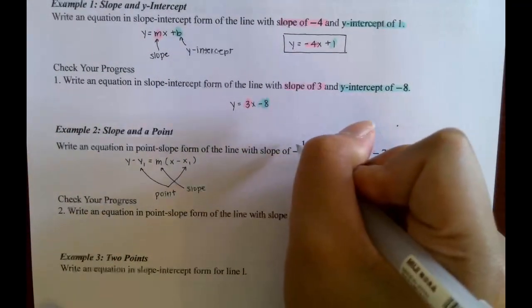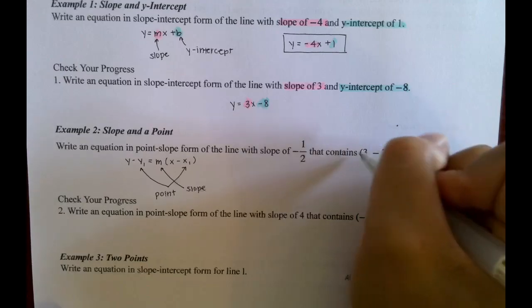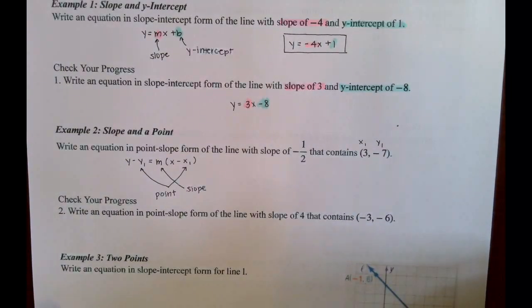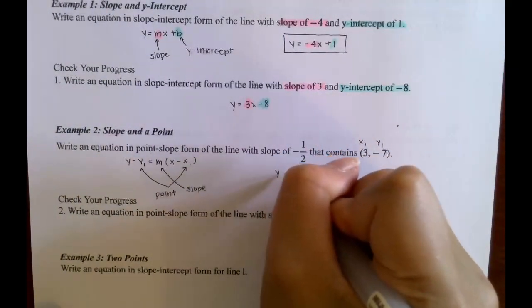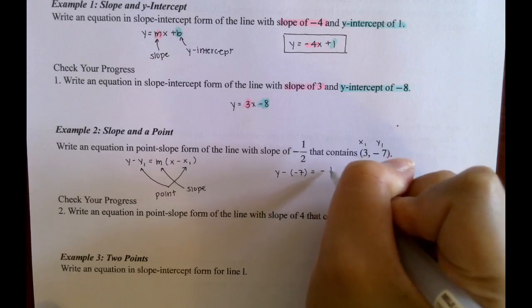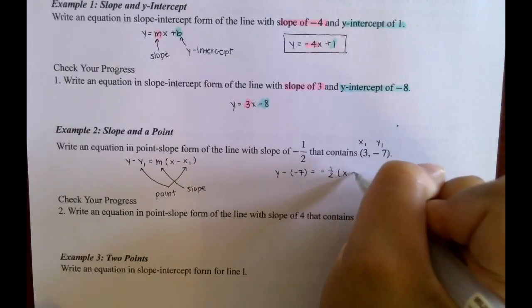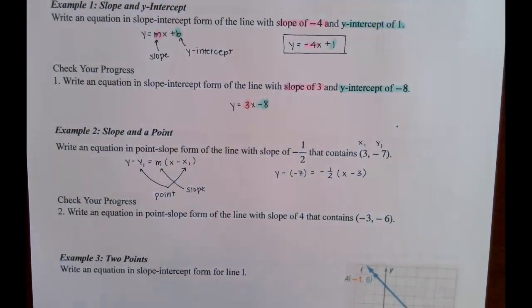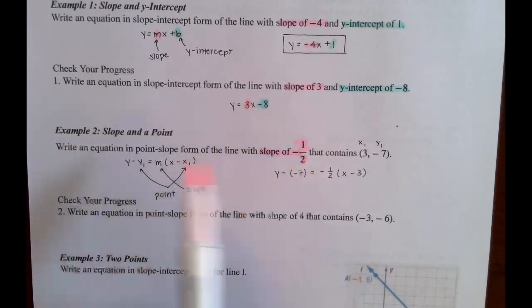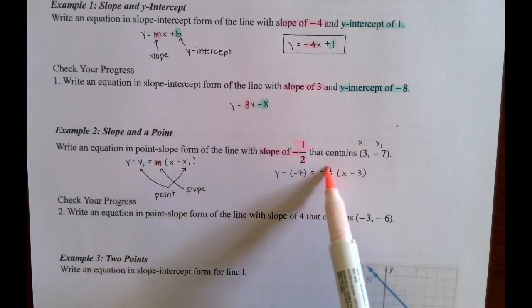Here is our slope. We're going to plug it in for m. And then here, our point is going to be our x1, y1. So it's going to be y minus -7 equals -1/2 times x minus 3. So here, you'll see that I plugged my slope of -1/2 into the m position.